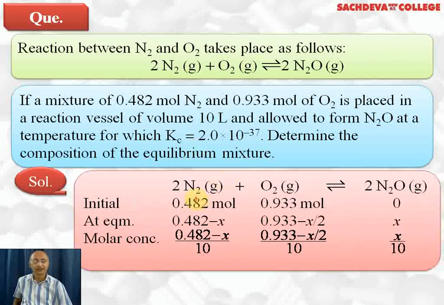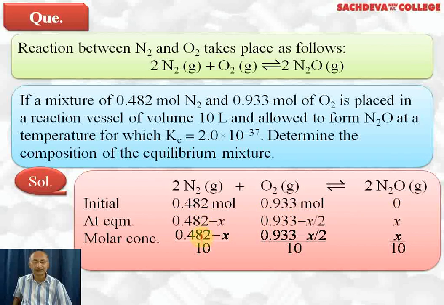First we write the balanced equation. 2N2 gas plus O2 gas gives you 2N2O gas. Initially we have 0.482 moles of nitrogen and 0.933 moles of oxygen. In the beginning products are 0. At equilibrium, let us say X moles of nitrogen has reacted with oxygen to form N2O.